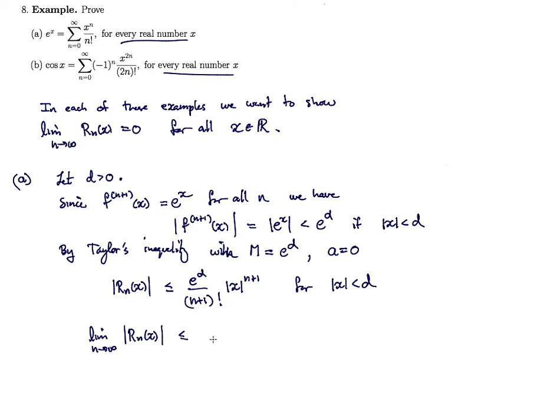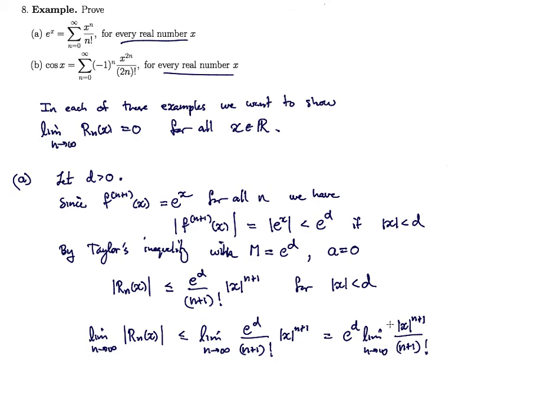So let's look at what the limit is. That's e to the d over (n plus 1) factorial times x to the n plus 1. I can factor out an e to the d, and that becomes the limit as n goes to infinity of x to the n plus 1 over (n plus 1) factorial. And what is this limit?